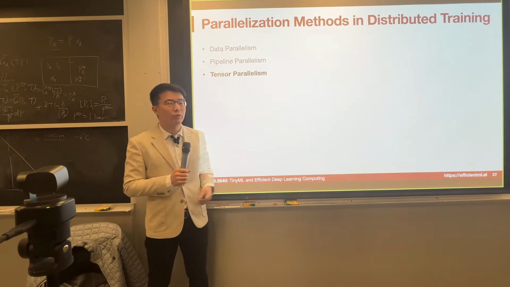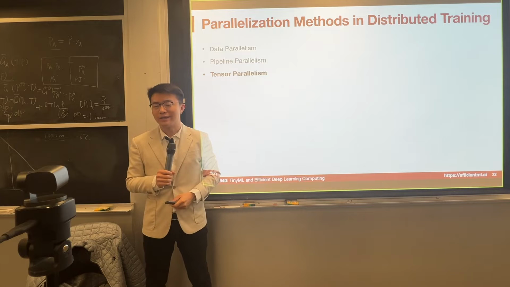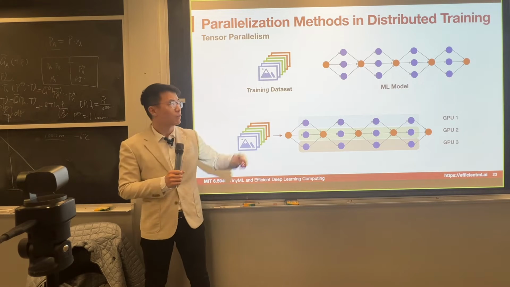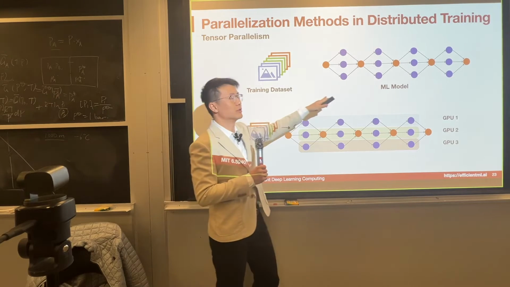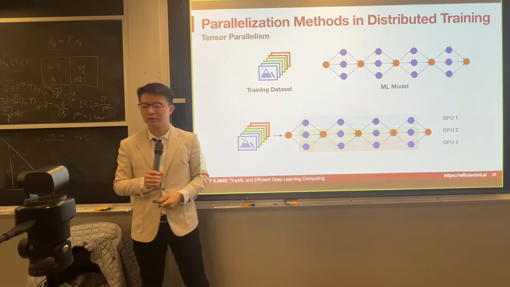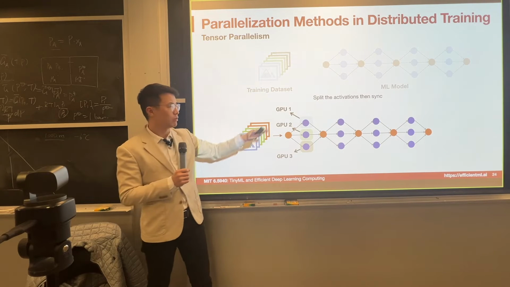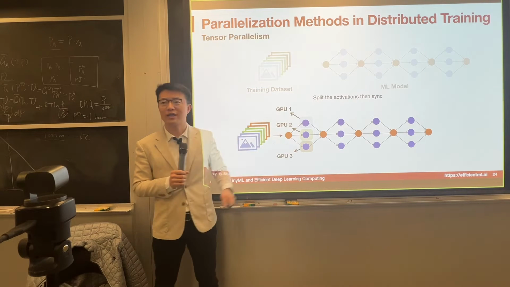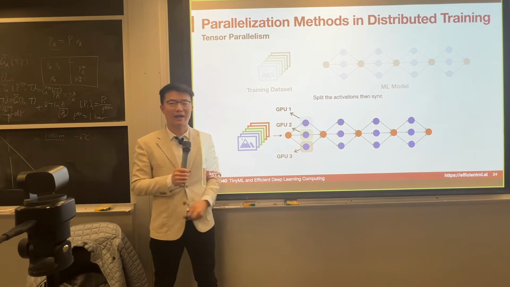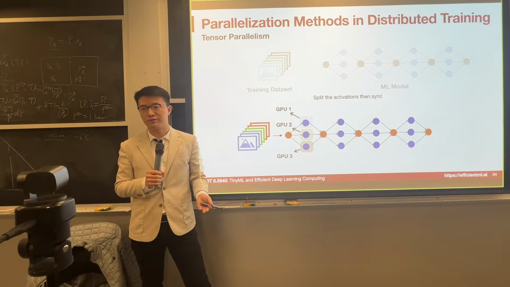A third way of doing parallelization is using tensor parallelism. So what does that look like? Again, we have training data and the machine learning model. Now for each layer, we deploy a different part of the tensor, like 1/3 of the channel, 2/3 of the channel, and the last third of the channel, to 3 GPUs.